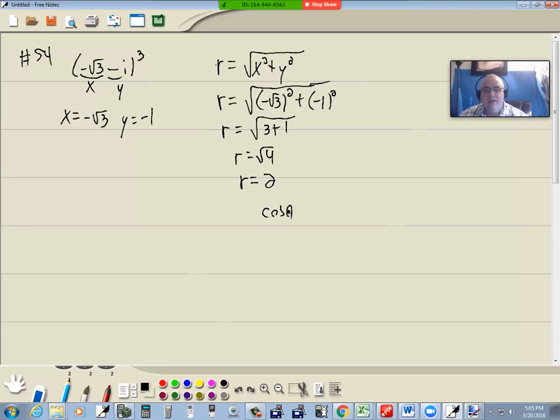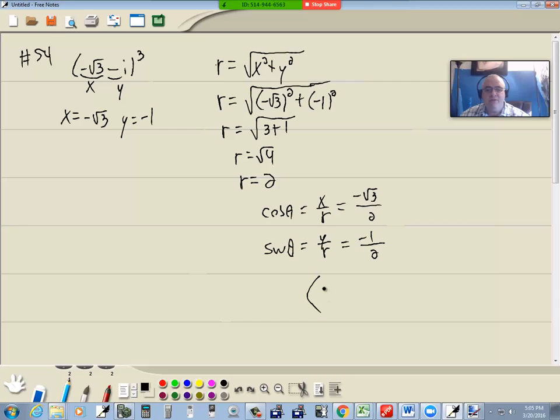Okay. Cosine is going to equal x over r, and sine is going to equal y over r. X was negative square root of 3 over r, which is 2, and sine is y, which is negative 1 over r.